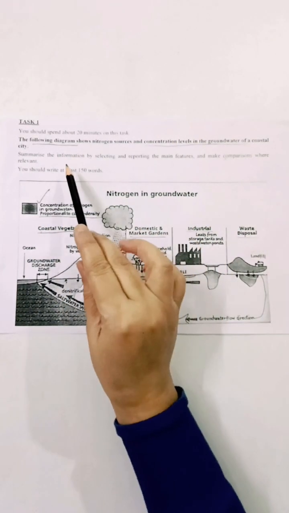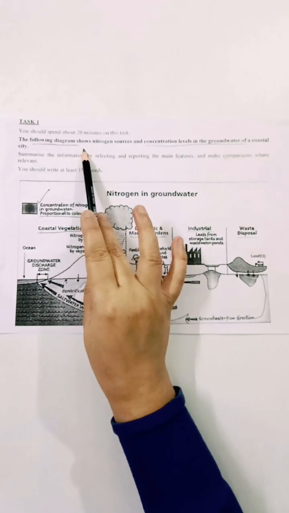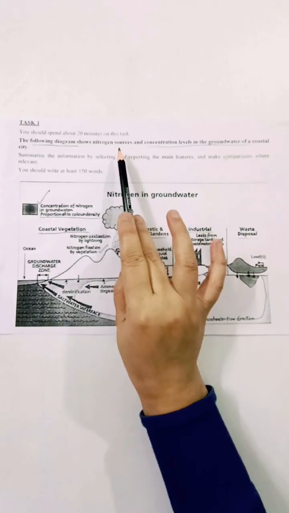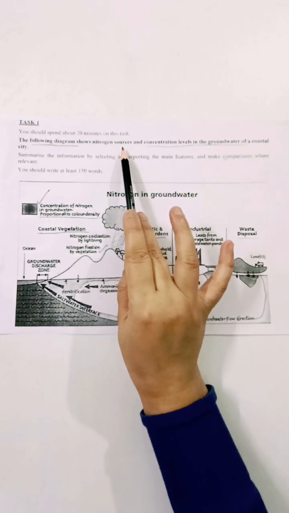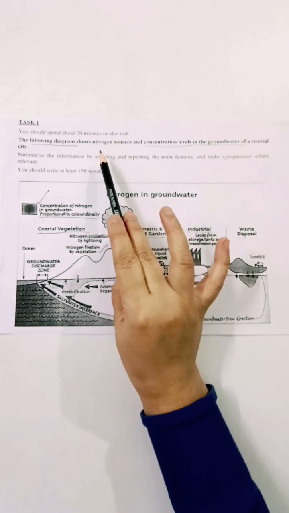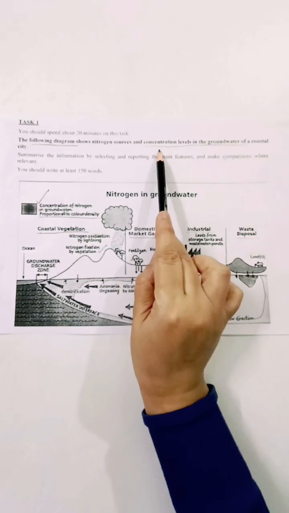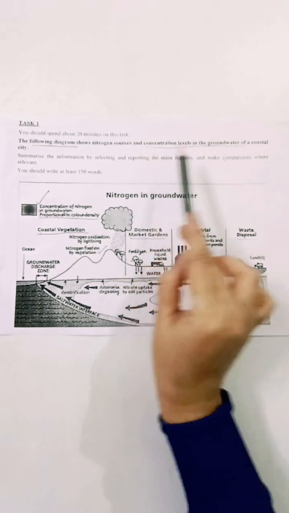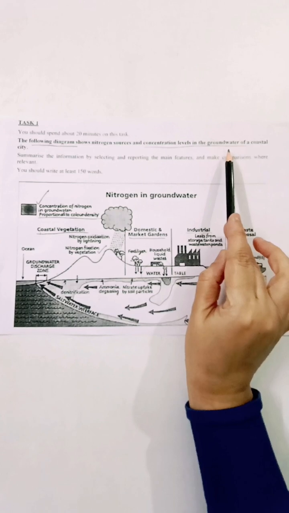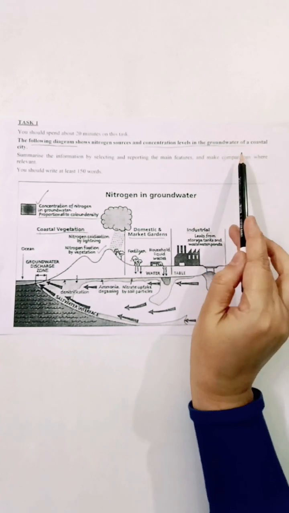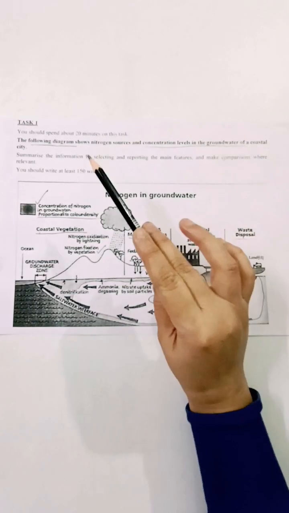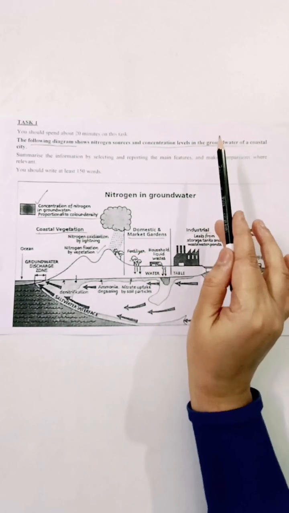The given picture now shows, we can use depicts, and nitrogen sources, we can mold as sources of nitrogen. Concentration levels, levels of concentration. Groundwater, water below earth. And instead of coastal city, coastal area.